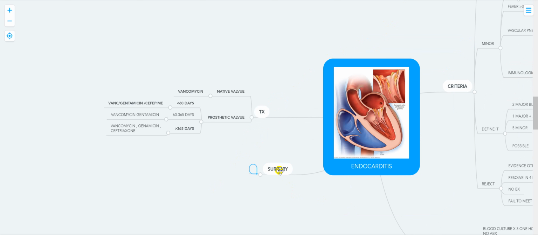We go for surgery if it's more than 15 mm without embolization, or if it is more than 10 mm plus embolization, or if there is an abscess, if there is valve destruction, or CHF, then we remove it by surgery.